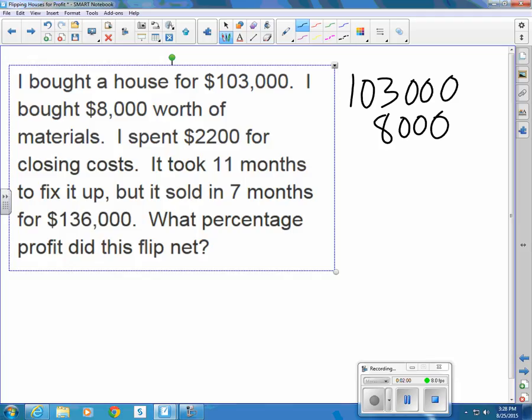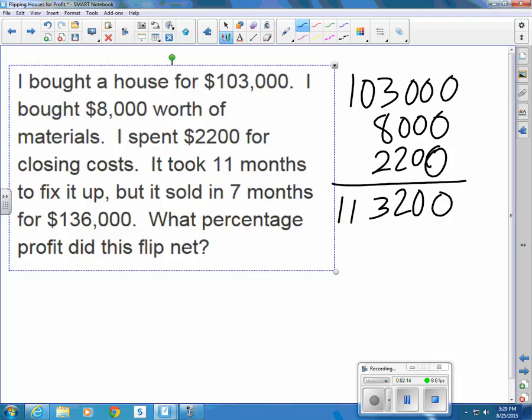And I spent $2,200 for closing costs with the bank. Let's see how much we spent to get the house. $113,200.